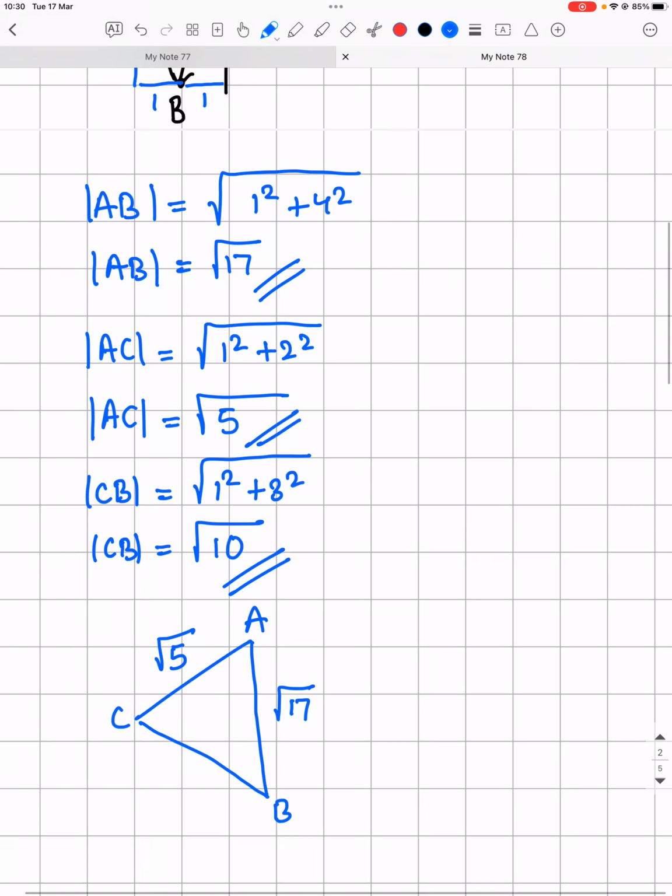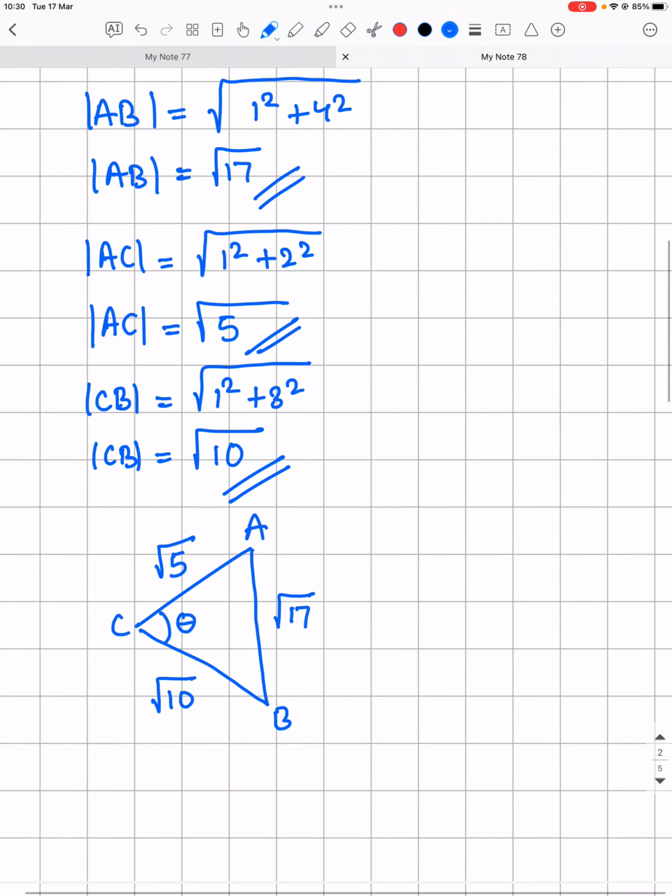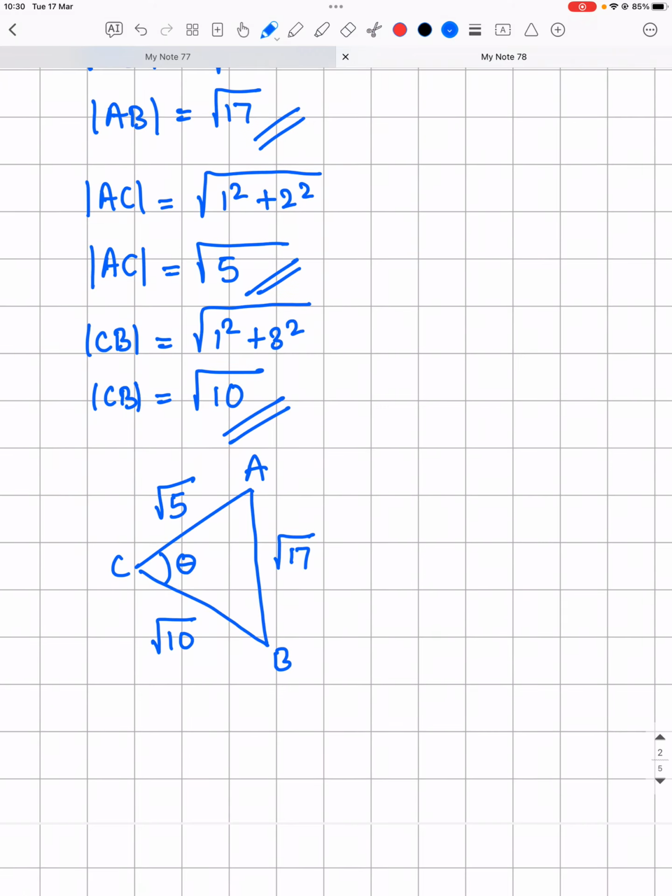And C to B is the square root of 10. And this is the angle theta. Now I know I can apply the cosine rule. So let me just write that out over here. I know that cos A equals B squared plus C squared minus A squared all over 2BC.